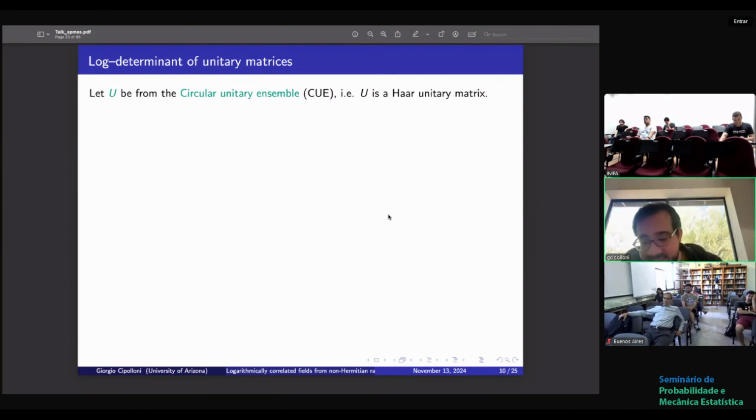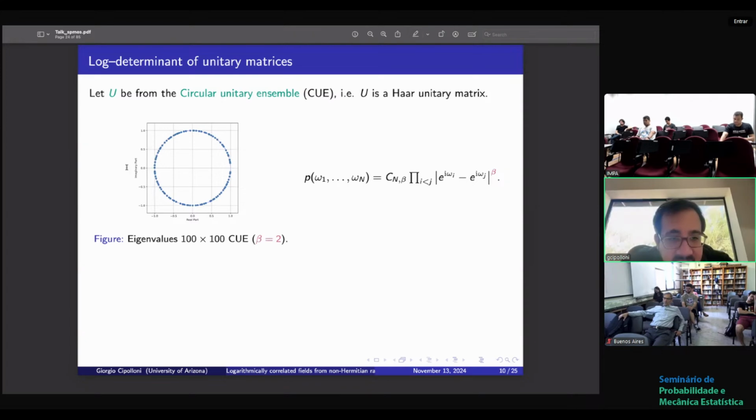The simplest example to observe this connection is the circular unitary ensemble, which is basically just unitary matrices drawn according to Haar measure. The spectrum of this matrix is supported on the unit circle, because the matrix is unitary. So that's how it looks.